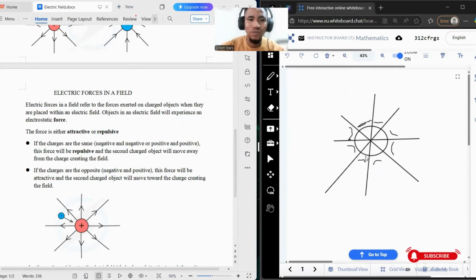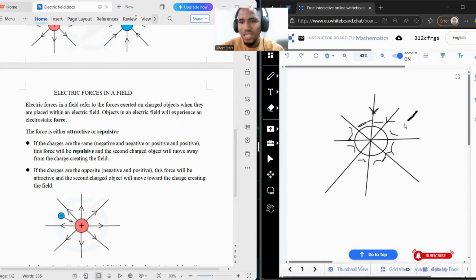Why are they attractive and why are they repulsive? First, we need to understand that if the charges are the same, that is, negative to negative, then we have what we call repulsive force. How do we know it is negative to negative? Remember, the negative charge has lines that go into the charged particle, just like this. So this is negative charge.